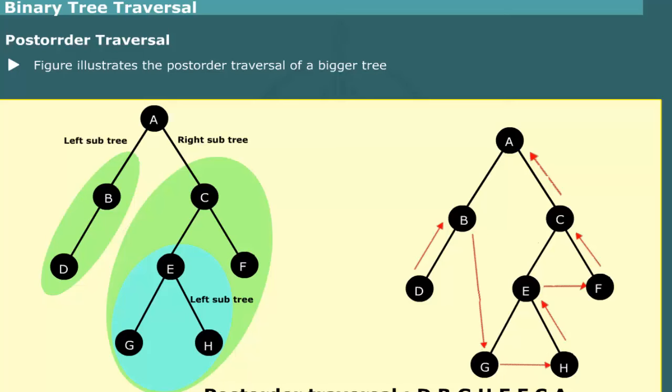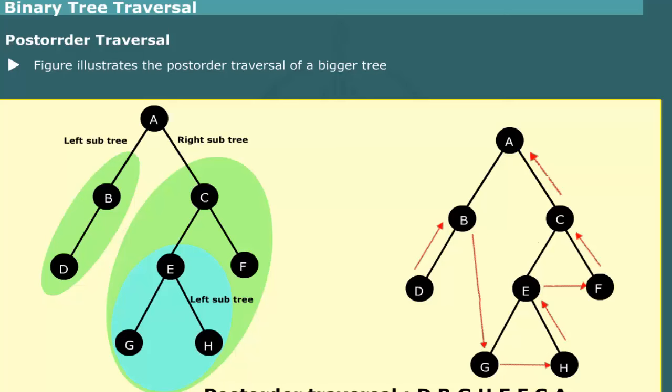The figure illustrates the postorder traversal of a bigger tree consisting of 8 nodes. In this case, first the left subtree T1 is traversed in postorder. Then nodes D and B are visited. Next, the right subtree T2 is traversed.